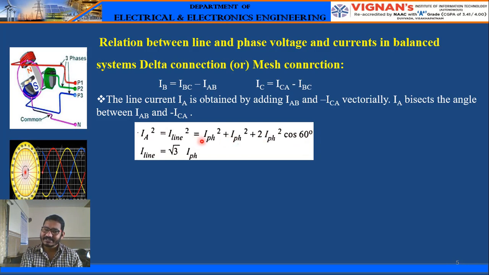All phase currents are the same, I phase, so we substitute I phase for IAB and for ICA.